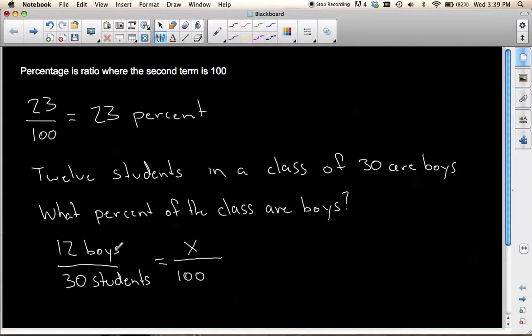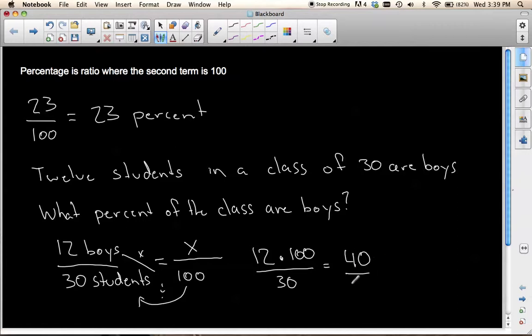So all I would do is the same thing we've done before, which is cross multiply. So if I were to figure this out by going 12 times 100 divided by 30, I would end up with 40.